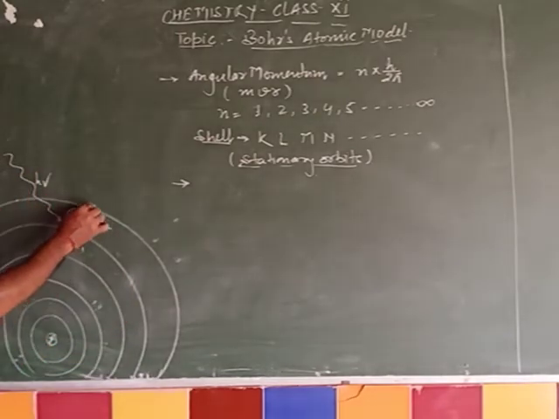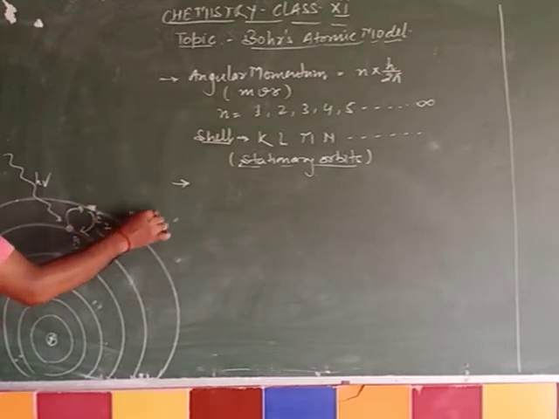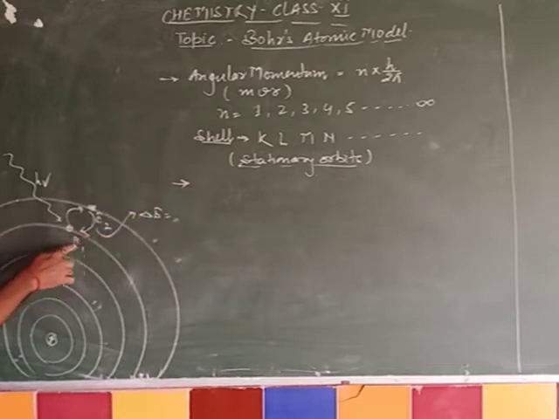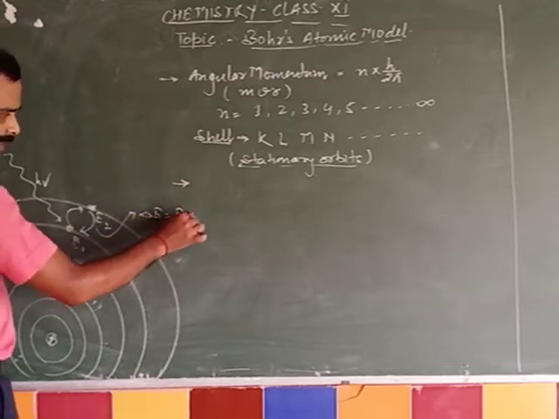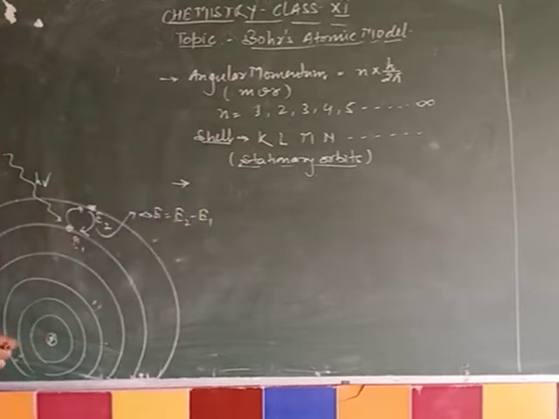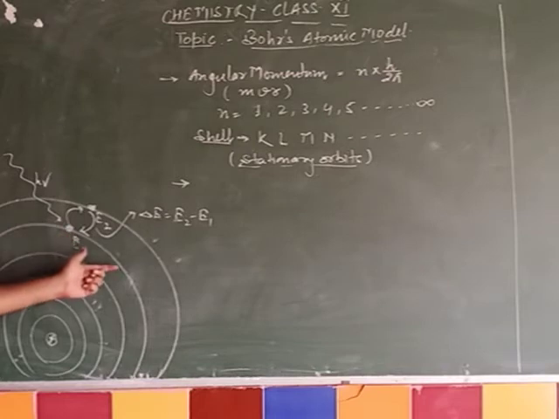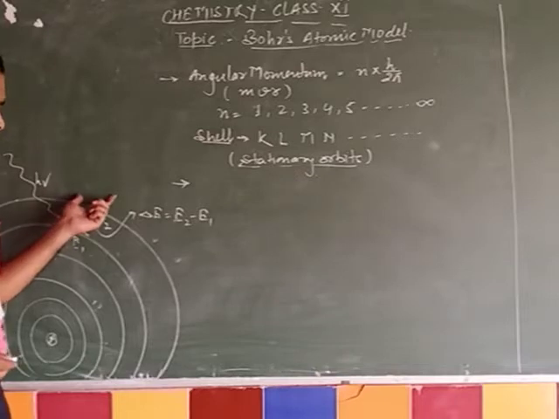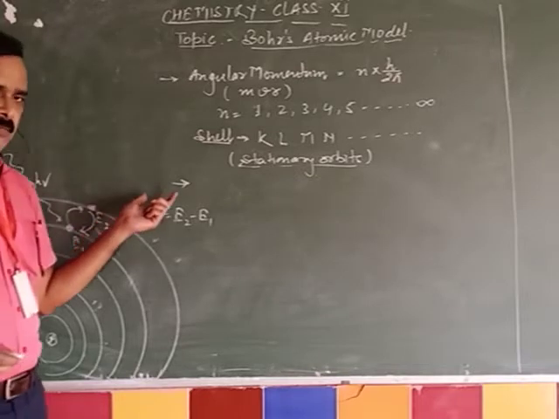But here it is not very stable, and when it returns back, it emits that equal value of energy, that is, delta E is always equal to E2 minus E1. It means that when an electron is revolving in its orbit, its energy remains constant, and when it gets a little bit of energy from outside, it can be excited and move into a higher energy level.